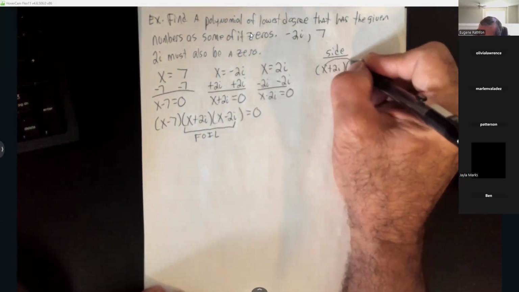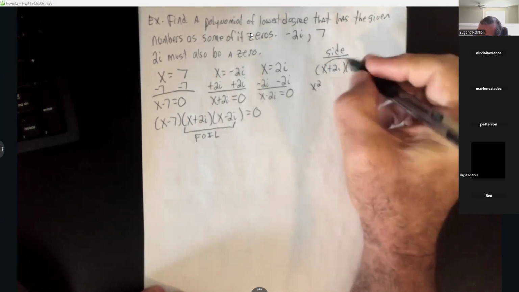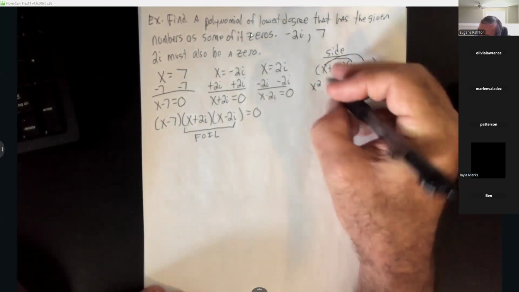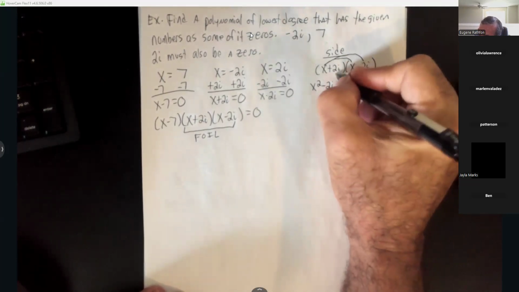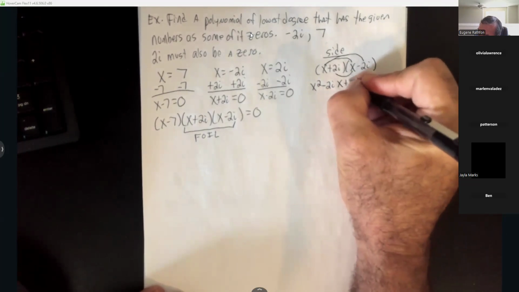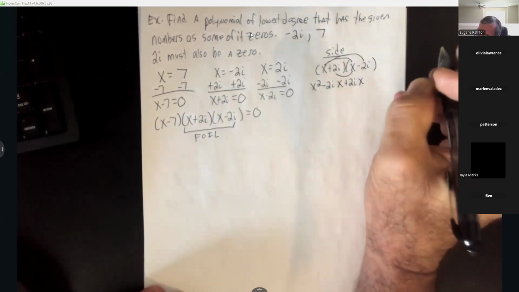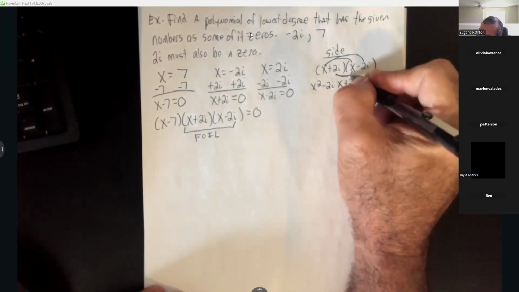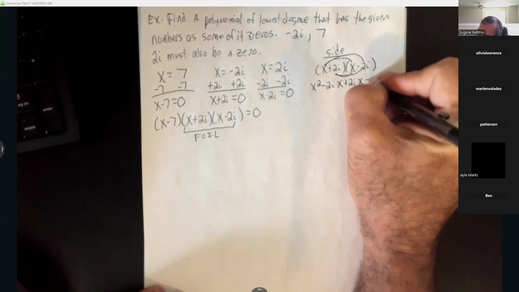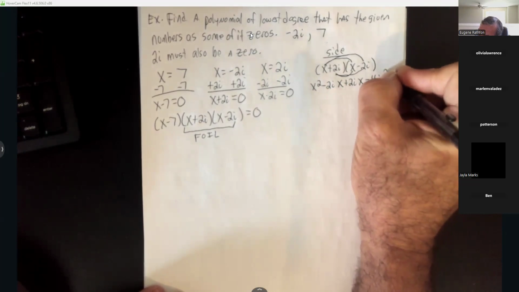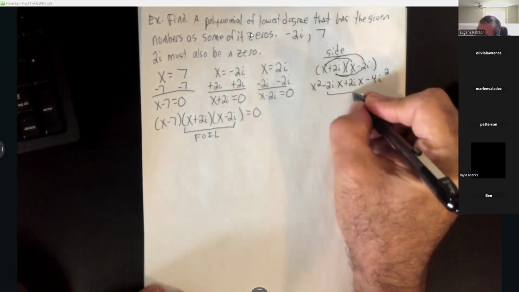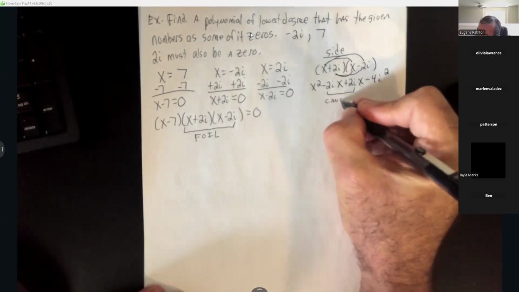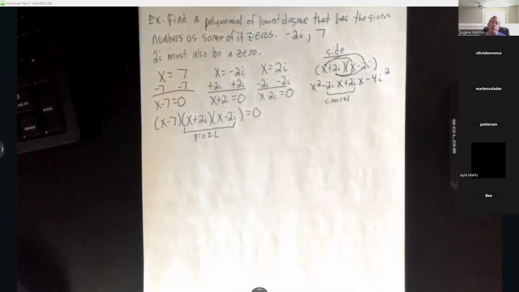So here we go. x times x is x squared. x times negative 2i is a negative 2ix. 2i times x is a positive 2ix. And 2i times negative 2i is a negative 4i squared. All right, so you notice the middle cancels again. And that middle is going to cancel every time, okay?